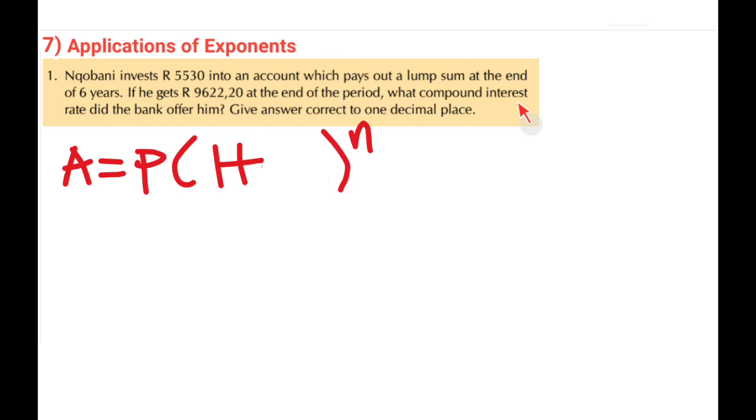We know what the final amount is, 9,622. We know the initial amount invested, 5,530. We know the term is 6 years. But we don't know the interest rate, and that's what we're looking for. So we're looking for I.